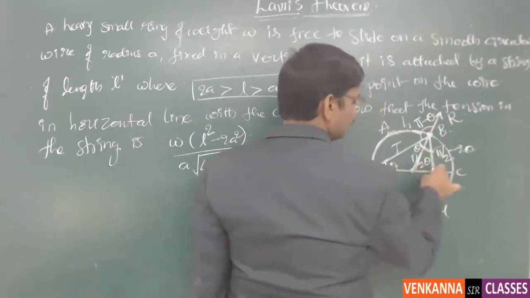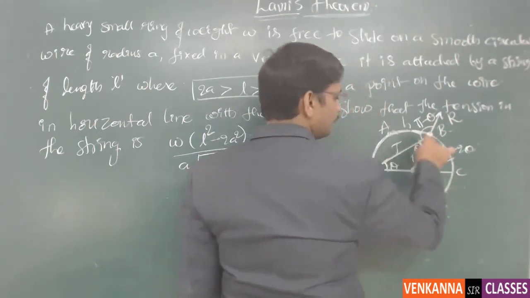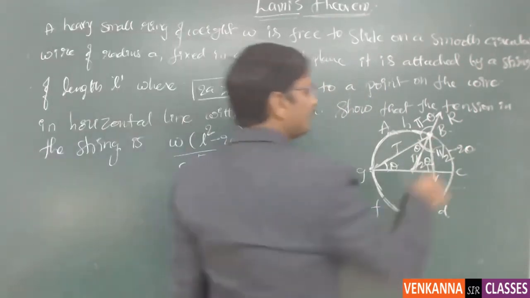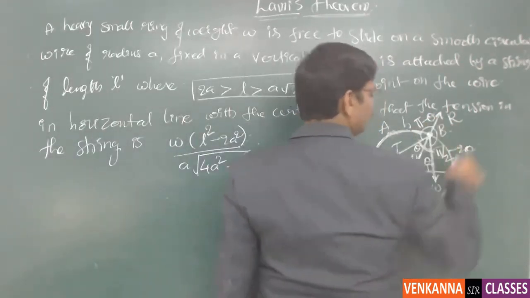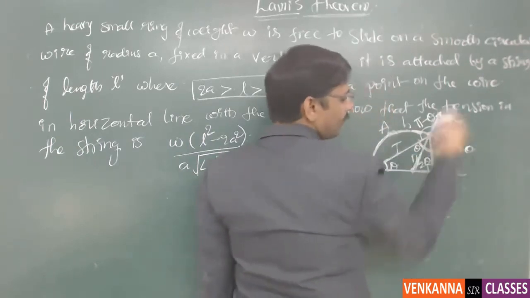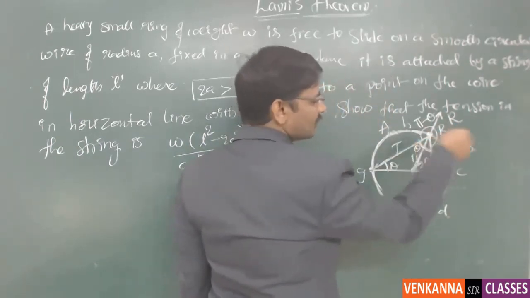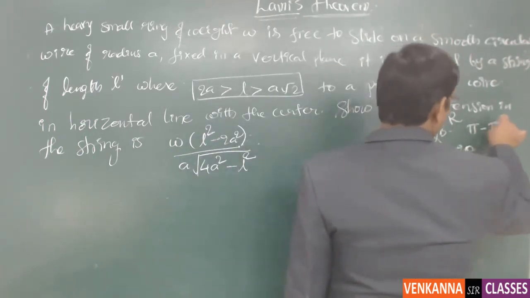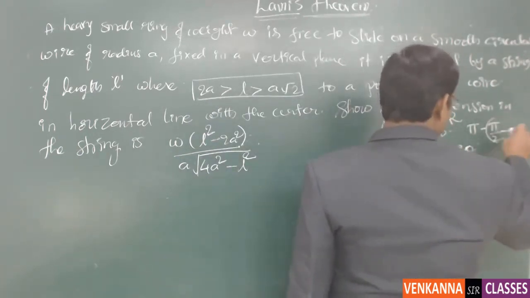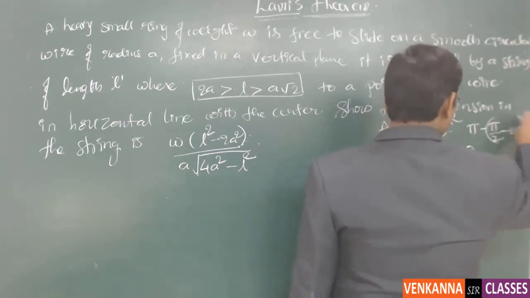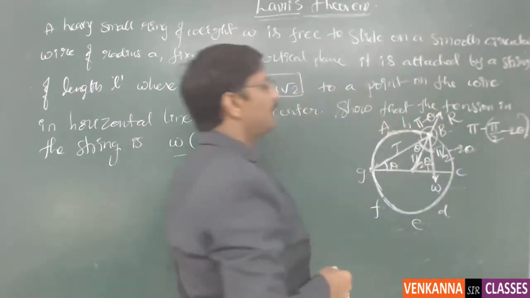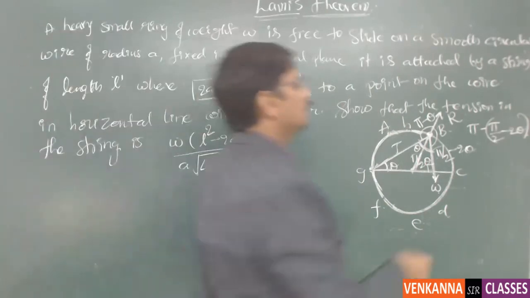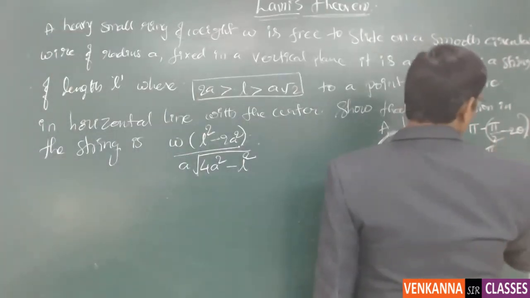Because this is 90 degrees, this is theta, this is pi by 2 minus theta, that is the angle between tension and the weight. And this angle is 180 minus pi by 2 minus 2 theta, so pi minus pi by 2 minus 2 theta. So that angle is pi by 2 plus 2 theta.